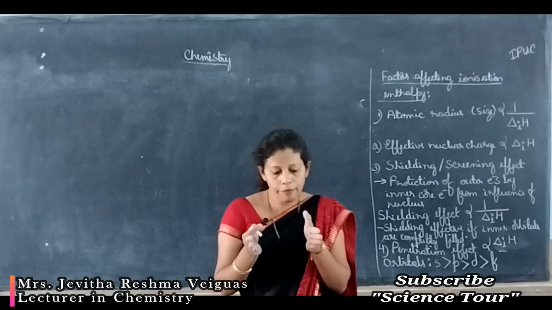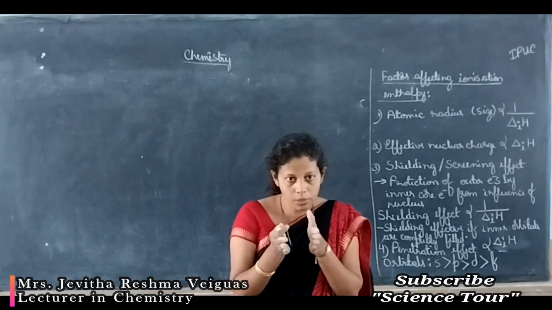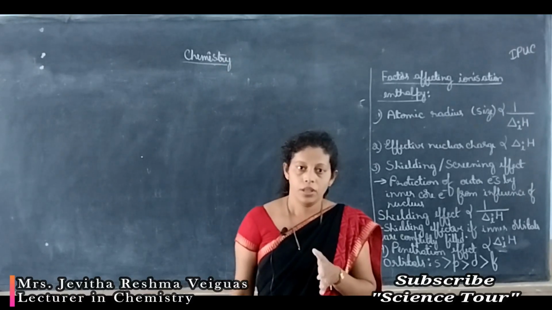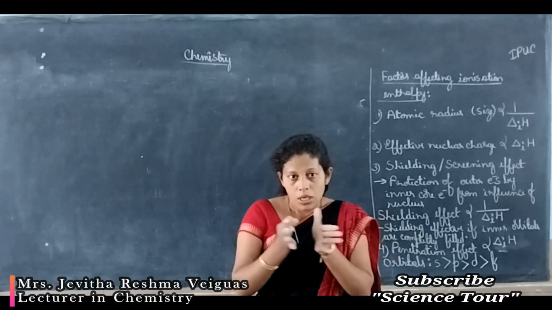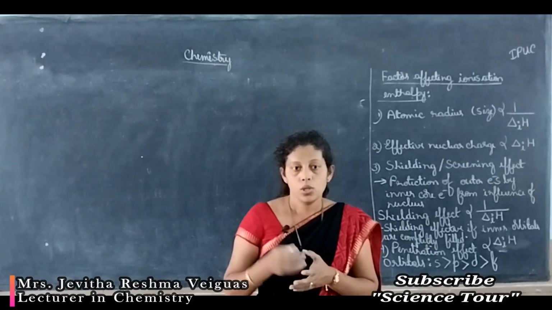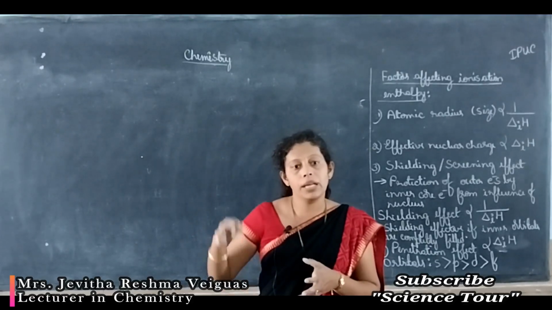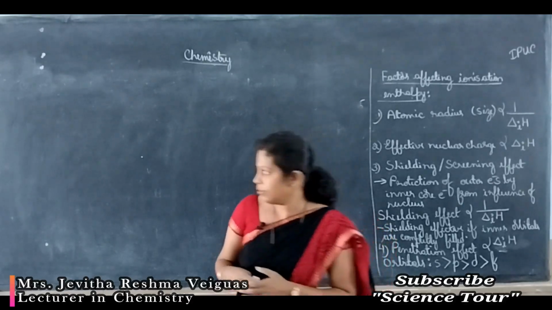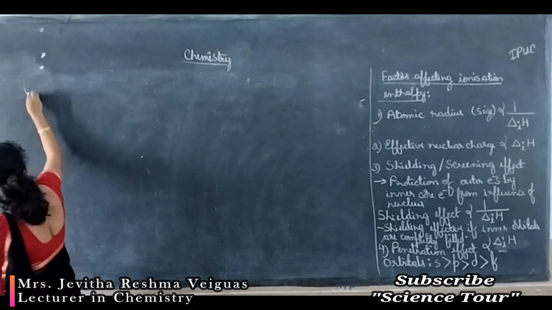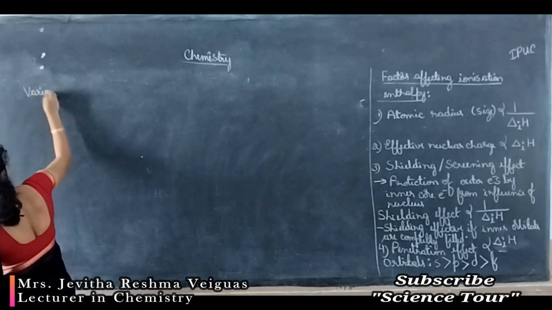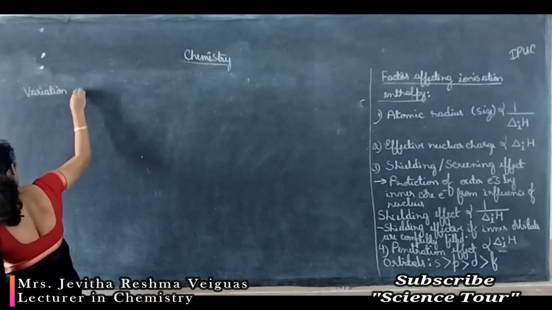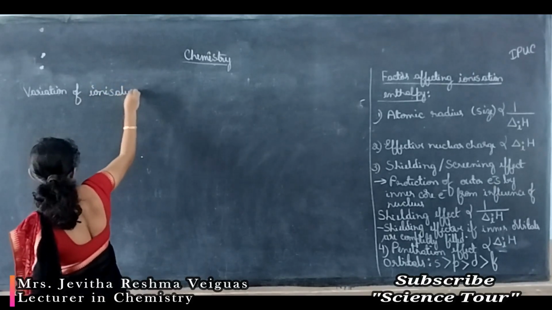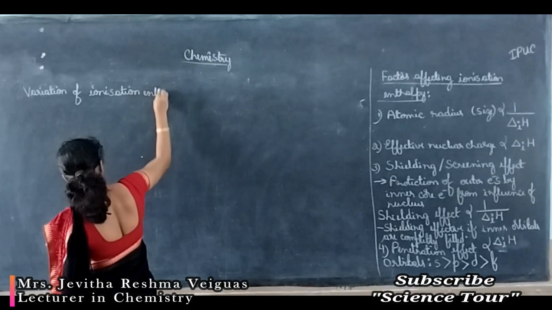If attractive forces are more, size of an atom will be small. At that time, ionization enthalpy will be more. If repulsive forces are more, size of an atom is large. So, ionization enthalpy will be less because removal of electron becomes easy. Now, before going to the example, let us discuss variation of ionization enthalpy down the group and along the period.